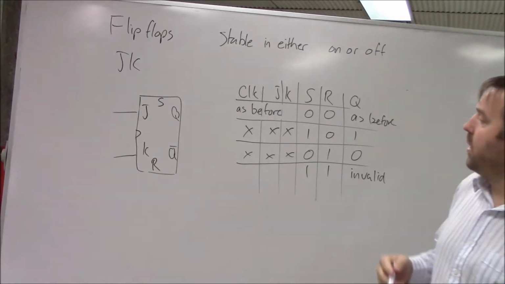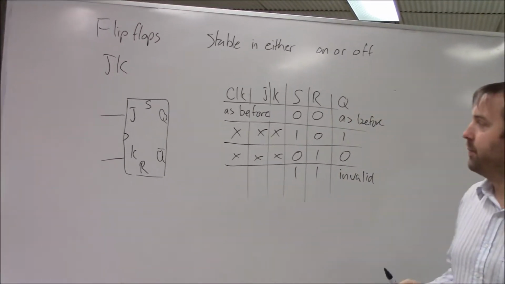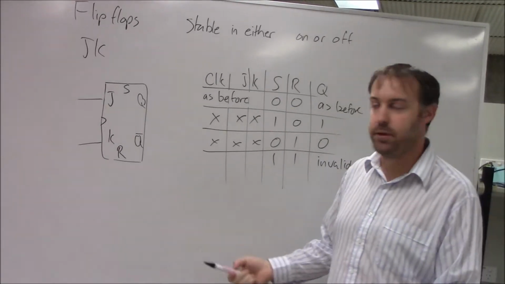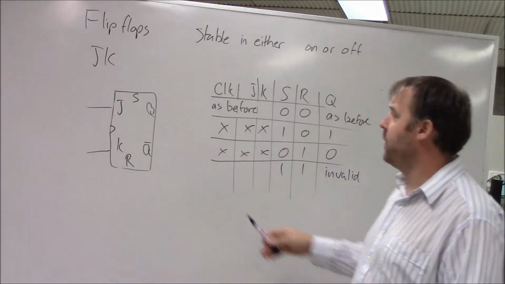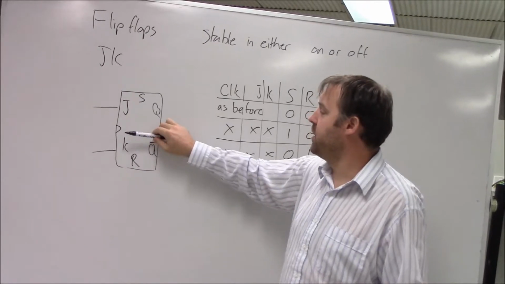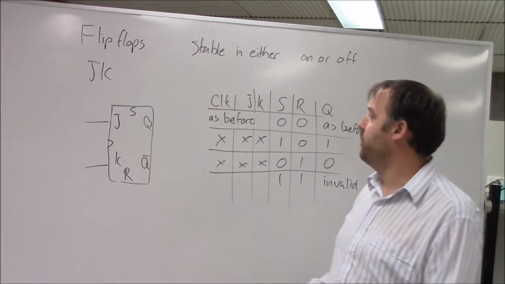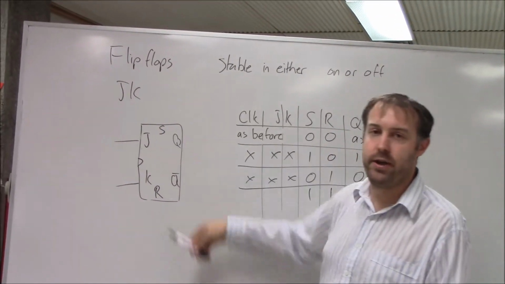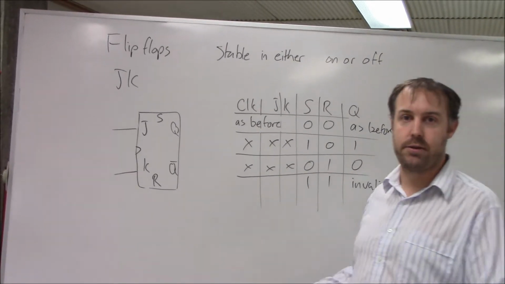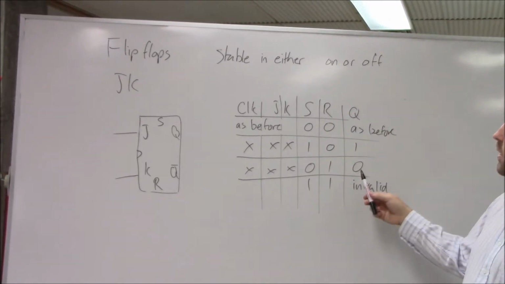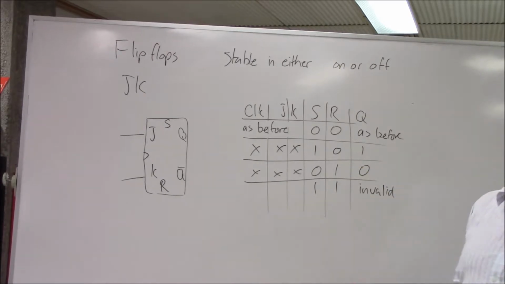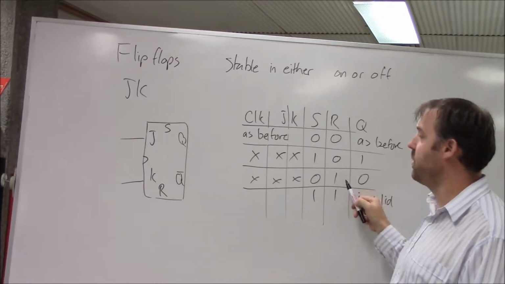So as before, you can sort of think about them as being a series of if statements. The flip-flop is sort of sitting there looking and it says, okay, if I see set and reset, then I do what this truth table tells me. So if I see set high or reset high, then I go do what this tells me.